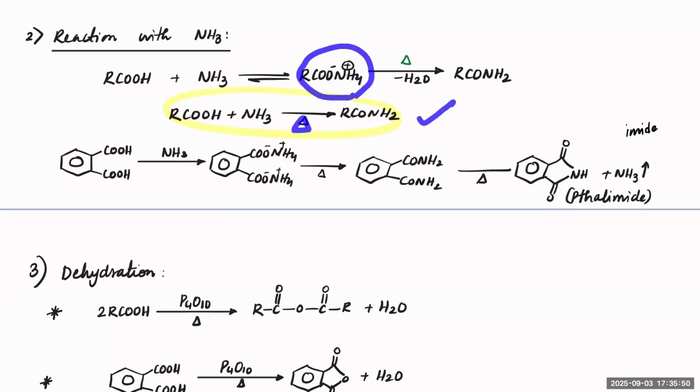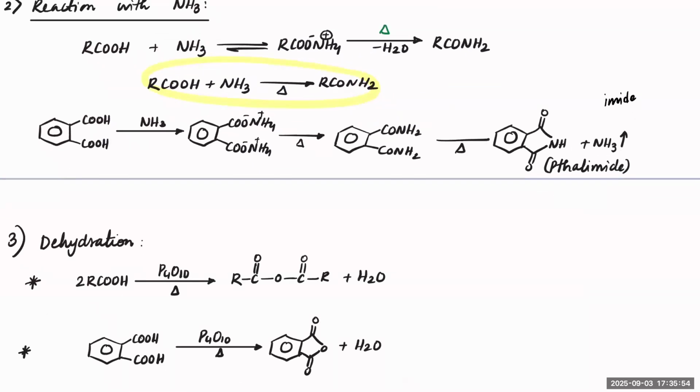Otherwise, you leave it as a salt. For example, this is a very standard example that is being used. Phthalic acid, when you react with ammonia, first you will get phthalic ammonium salt. That on heating, H2O from here, H2O from here will go away and you'll get amides. This is known as phthalamide. Okay, phthalamide. This is amide.